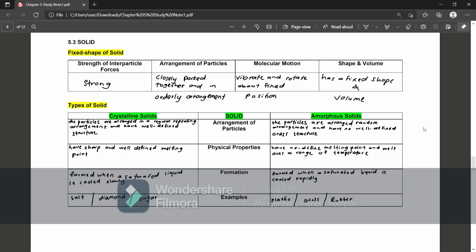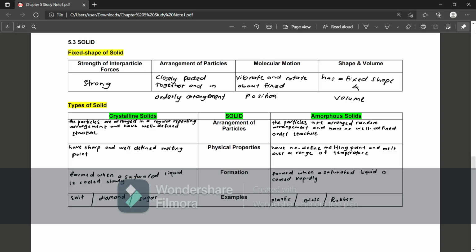For physical properties, crystalline solids have a definite shape and a well-defined melting point, and amorphous solids have no defined melting point and melt over a range of temperatures. Crystalline solids form when a saturated liquid is cooled slowly, and amorphous solids form when a saturated liquid is cooled rapidly.